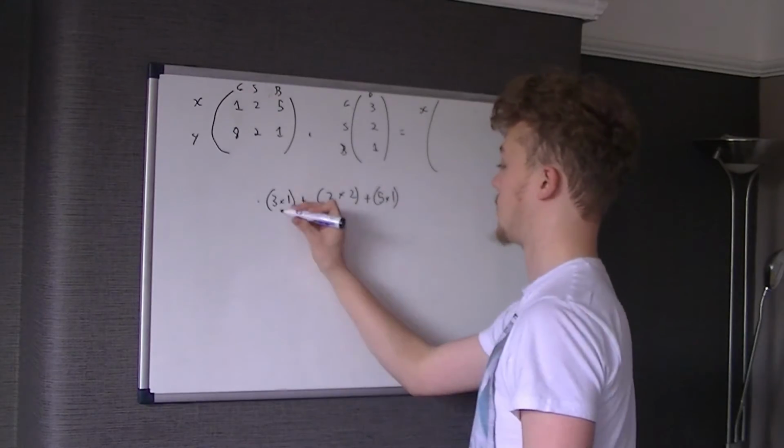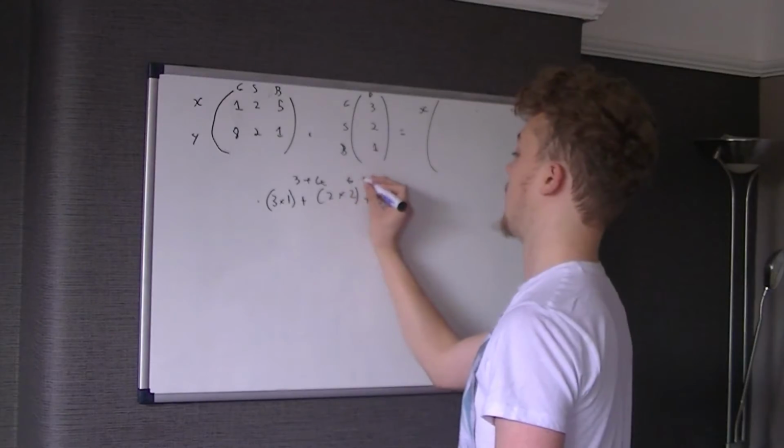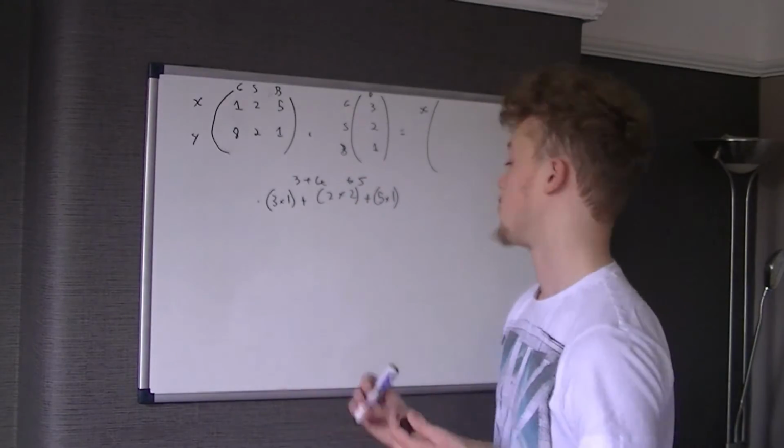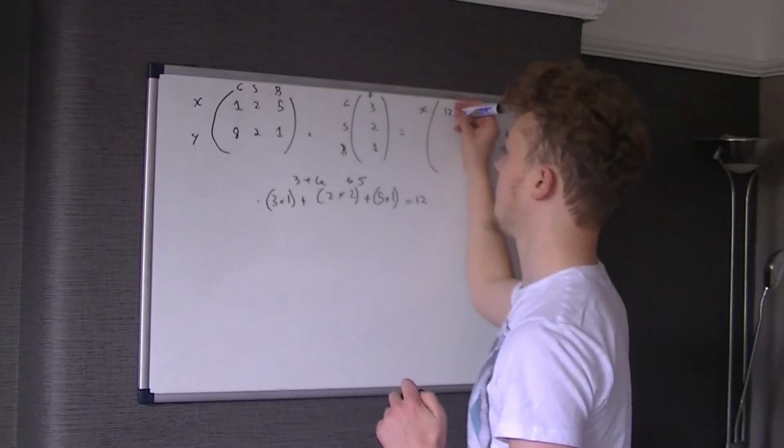We see that's 3 plus 4 plus 5, which is obviously 9 plus 3, which is 12. So that's 12 points for country X, so you put 12 there.